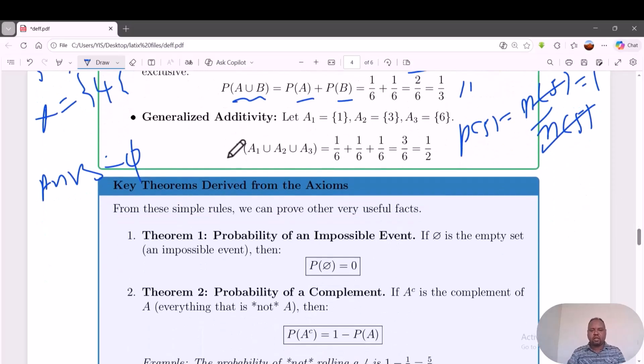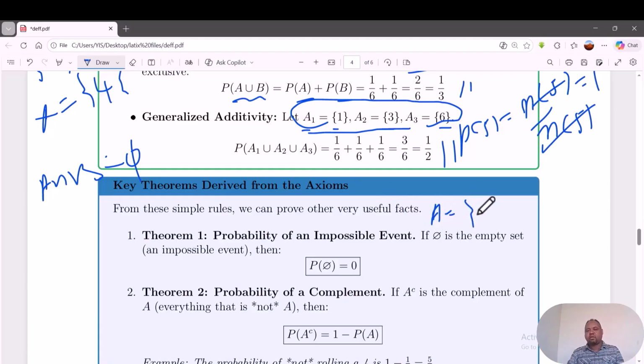So we can also generalize to 3 events, where A1 is this one, A2 is this, and A3 is this one. The probability of getting A1 or A2 or A3 is nothing but the sum of the probabilities of each event, right? This is 1 over 2. If we bring these into one event, for example, event A as 1, 3, 6, what's the probability of A now?